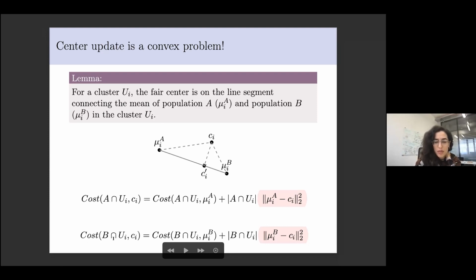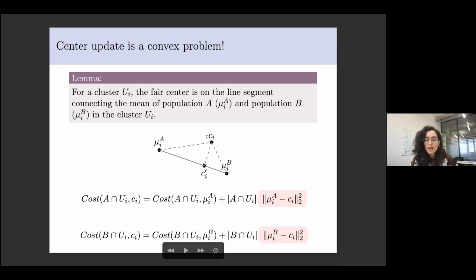Similarly, for population B, the cost of population B in cluster I with respect to C_i is the cost of population B in cluster I with respect to their average plus the size of population B in cluster I times the distance between the average of population B in this cluster and C_i. Okay, and now the argument is very simple.